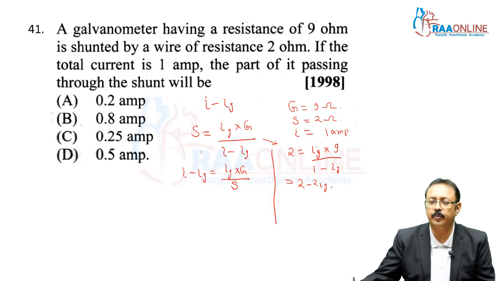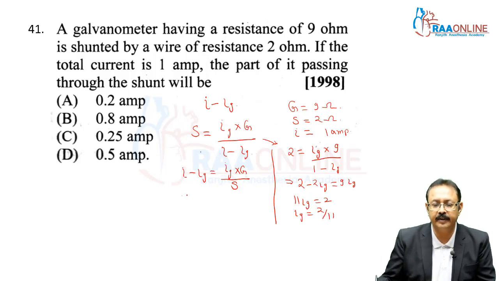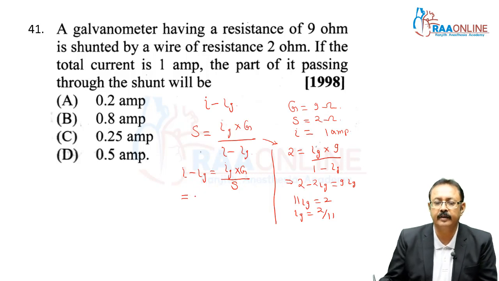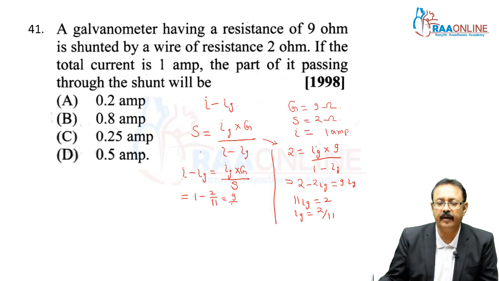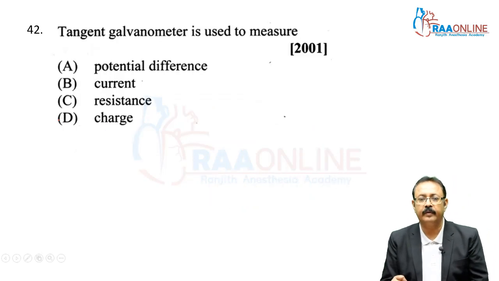So 2 minus 2 Ig is equal to 9 Ig. So 11 Ig is equal to 2. So Ig is equal to 2 by 11. So now I minus Ig we are capable to calculate. 1 minus 2 by 11, it means 9 by 11, means 0.8. So we have to go with B option.